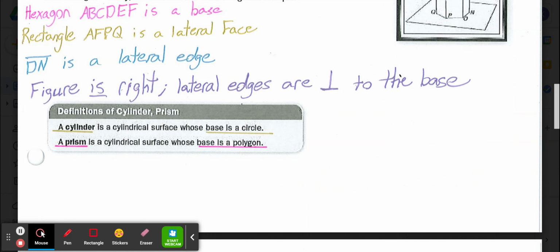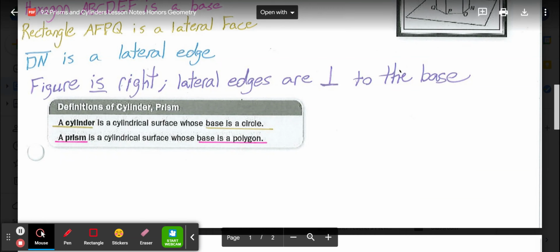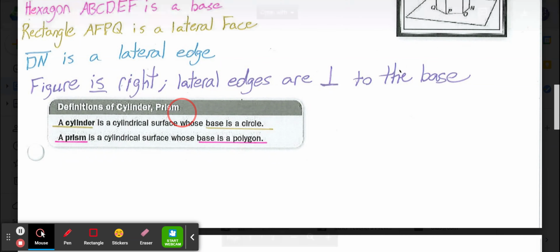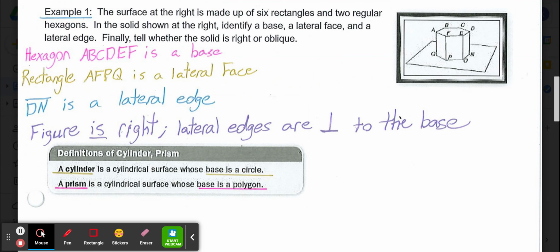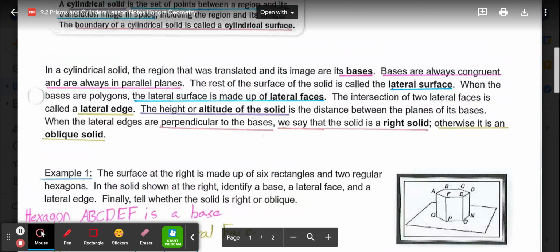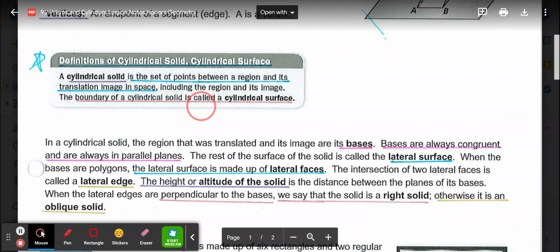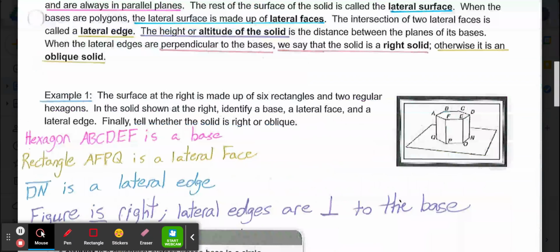So then we get into our main idea, the definition of a cylinder or a prism. A cylinder is a cylindrical surface whose base is a circle. A cylindrical surface would be the boundary of any cylindrical solid.